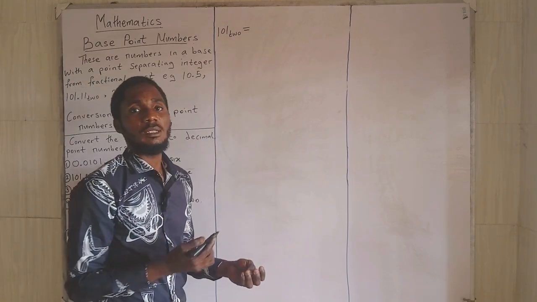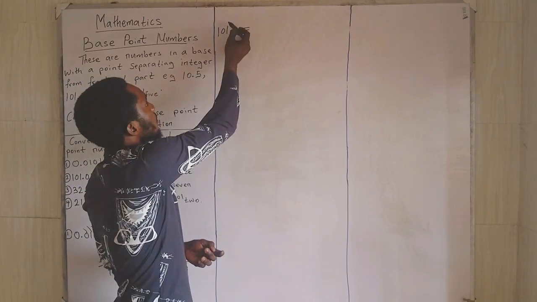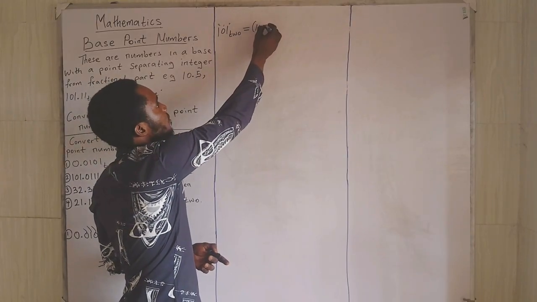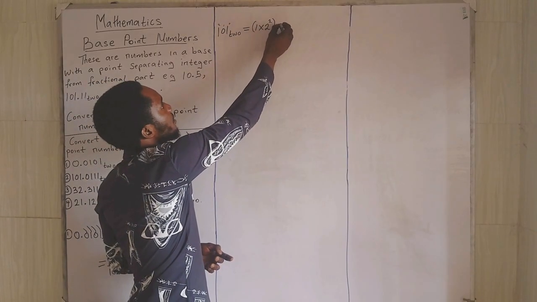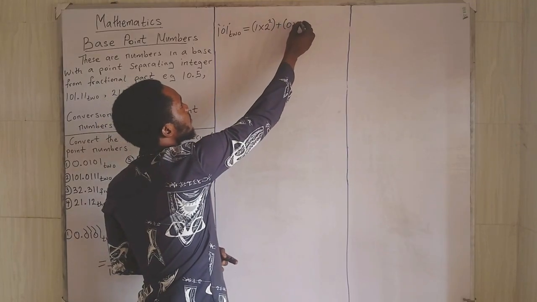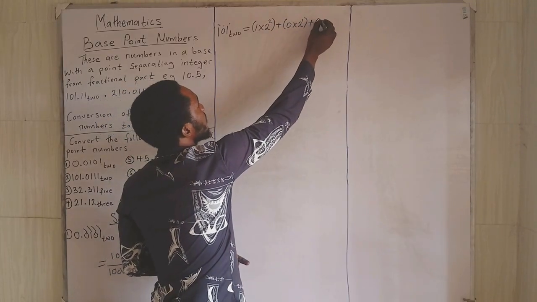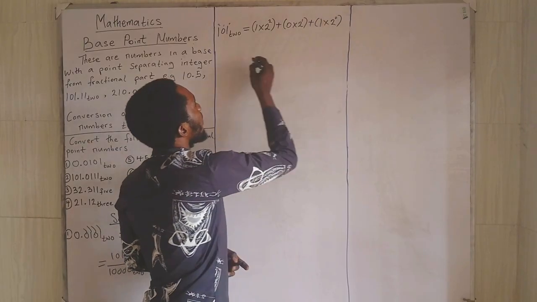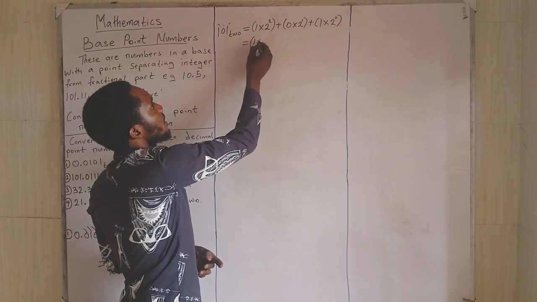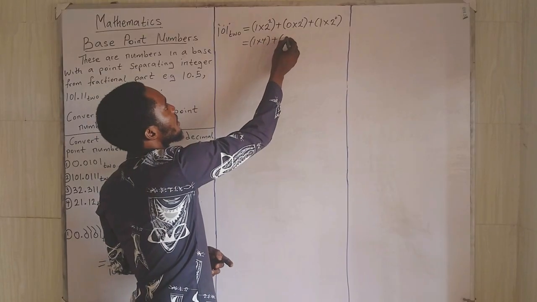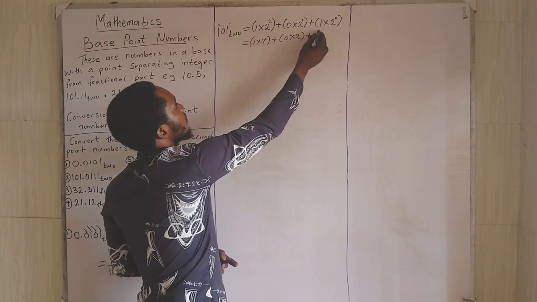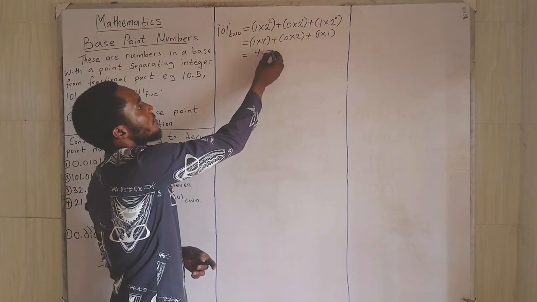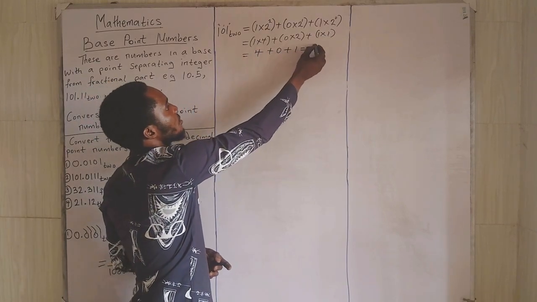To convert 101 base 2 to base 10, we will expand, and that is 1 times 2 raised to the power of 2 plus 0 times 2 to the power of 1 plus 1 times 2 to the power of 0. This is equal to 1 times 4 plus 0 times 2 plus 1 times 1, which is 4 plus 0 plus 1, equal to 5.